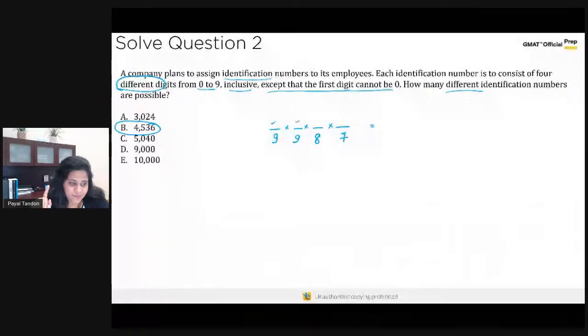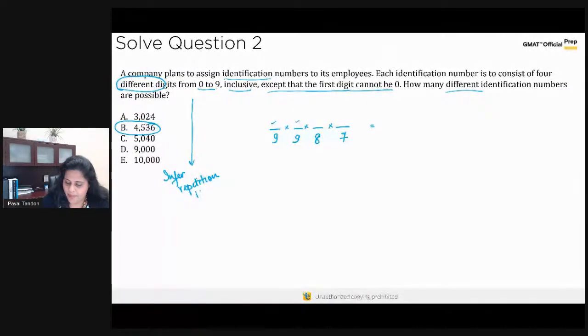Okay. So again, as you read the question statement, you need to infer that repetition is not allowed. That's something you have to infer. And how are you inferring that? From the different digits information that's given to you there, that you have to use different digits.